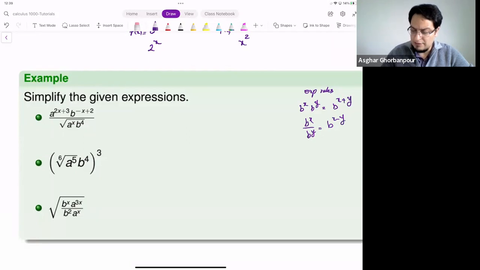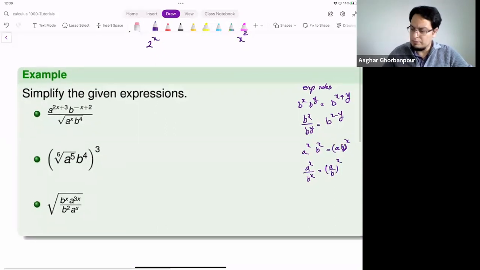When you have the same power and different bases, you can write it as multiplying the bases and then put one power up there. If you have the same power and divide, then you divide the bases and put one of the powers.